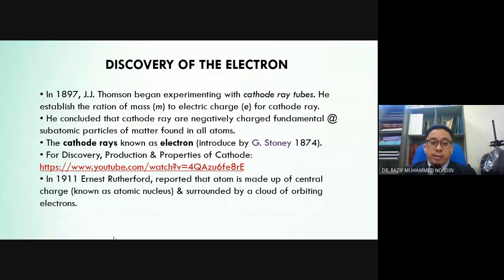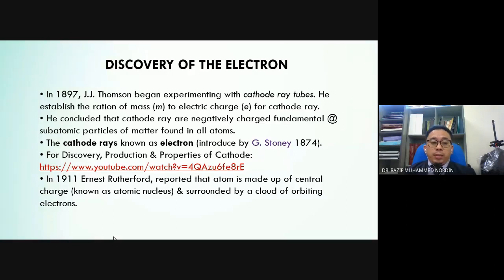Yang particles ni can be found in all atoms. Okay. Later cathode ray ni known as electron. Okay. Yang ni the term electron introduced by G. Stone 1874. Okay. Discovery, productions and the properties of cathode ray, if you are interested, you can go to the YouTube. Yang ni agak panjang sedikit yang tu.